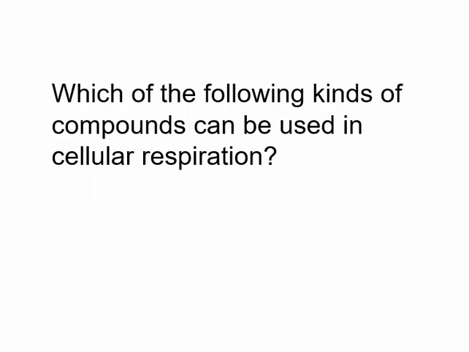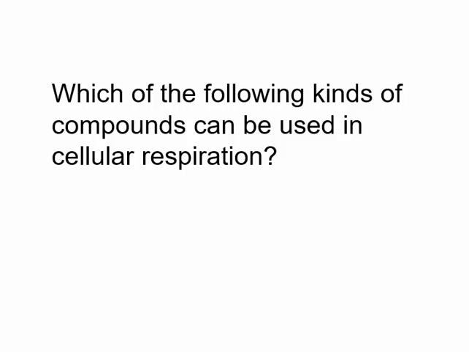Okay, given the list, which of the following can be used in cell respiration? Which compounds can be used? All right, so you might have initially just jumped on carbohydrates because that's what we've been talking about. But remember back many slides ago, I talked about how other compounds feed into cell respiration too.